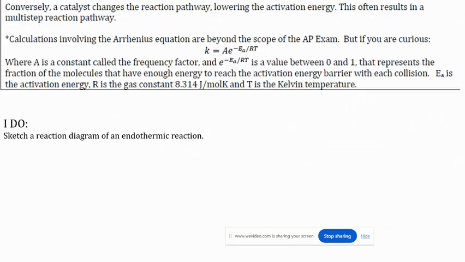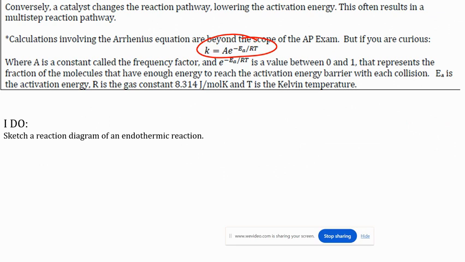All right. Now, there is a fancy equation called the Arrhenius equation. There are no numbers in that equation. Here's a constant.